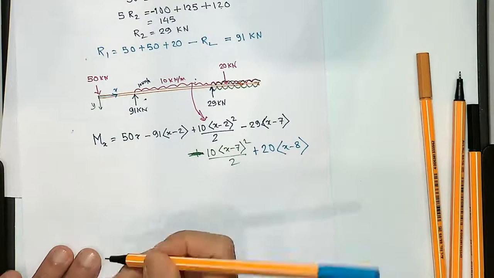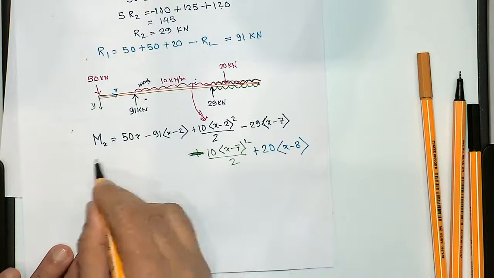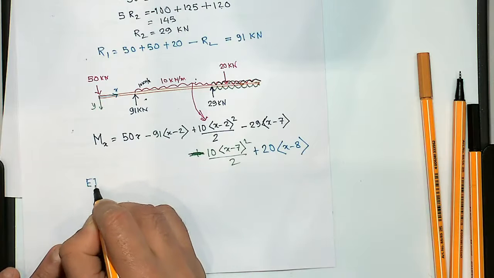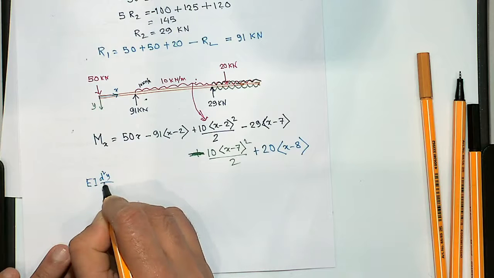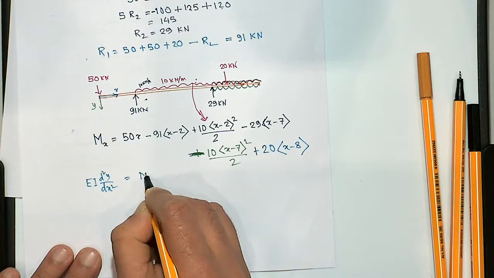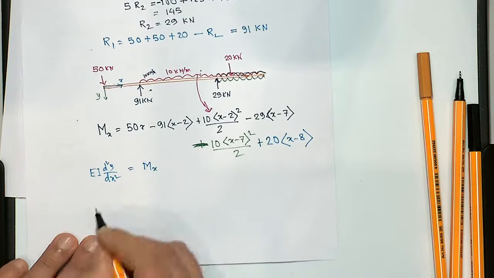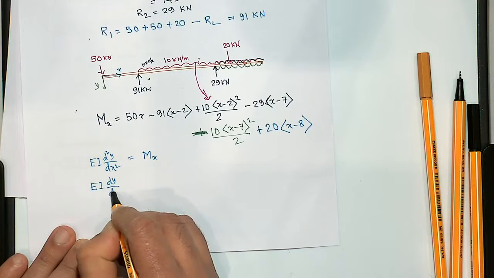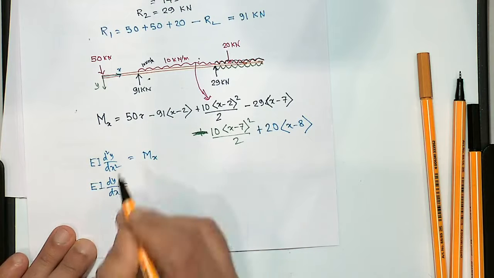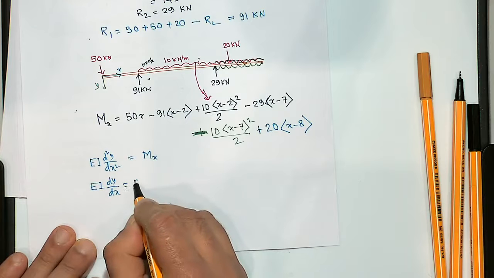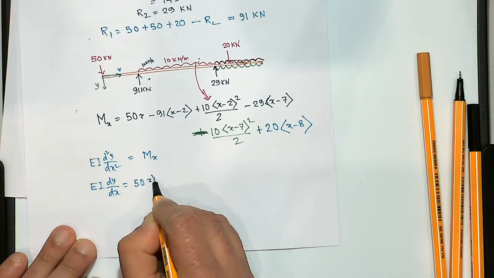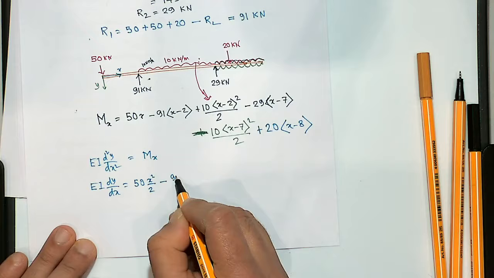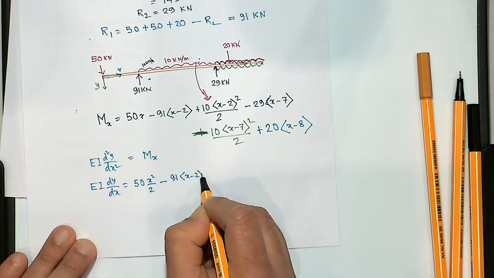now it's fairly easy to do these expressions over here. So you will say EI d2y/dx2 is this moment expression. So you integrate it once, so dy/dx will be the first integration of that: 50 times x would be 50 times x squared over 2. Second integration of that is 91 (x minus 2) squared over 2.